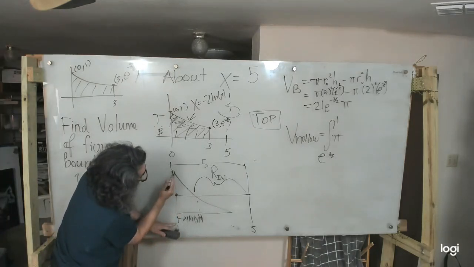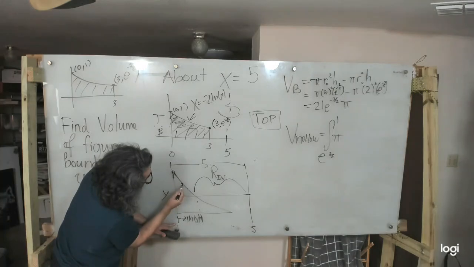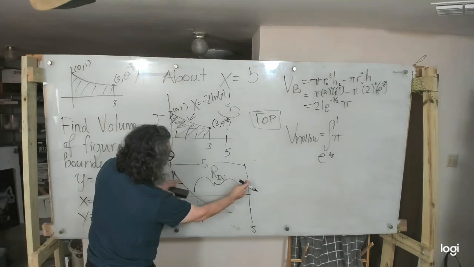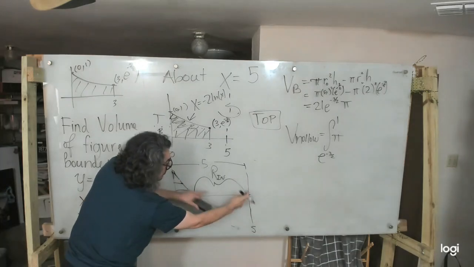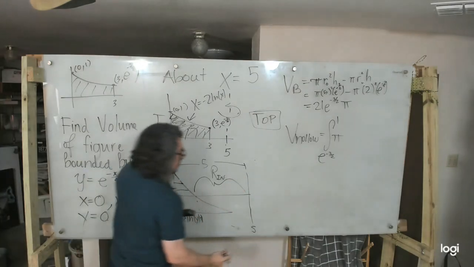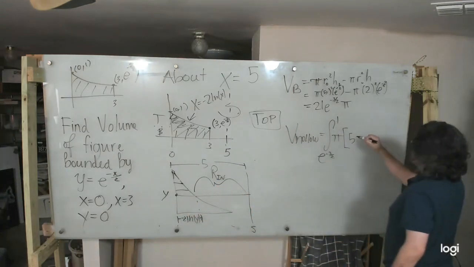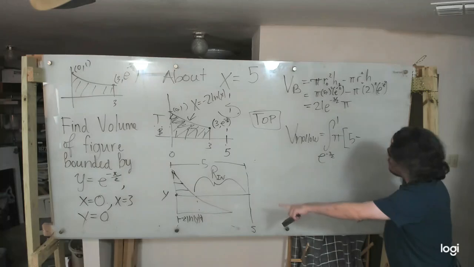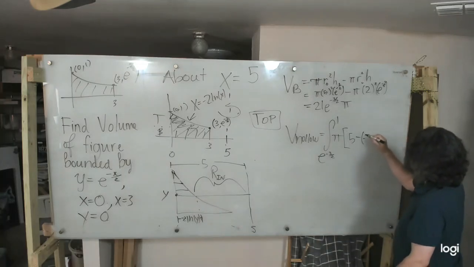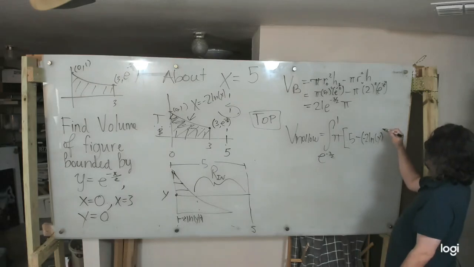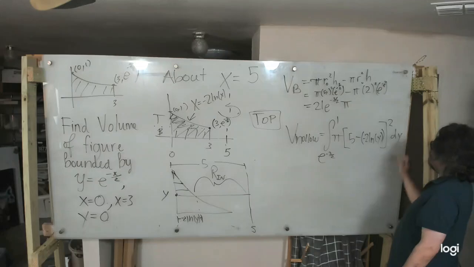In other words, the 5 minus wherever we are in the curve here, this x value, will leave us with the radius from the axis of rotation at that y value. So it'll be 5 minus, and since that's a negative 2, I'll just put it in here, 5 minus minus 2 ln of y, and then squared, and then dy.